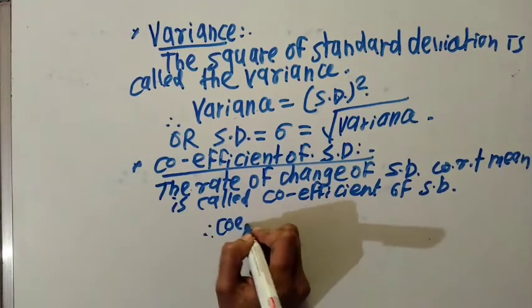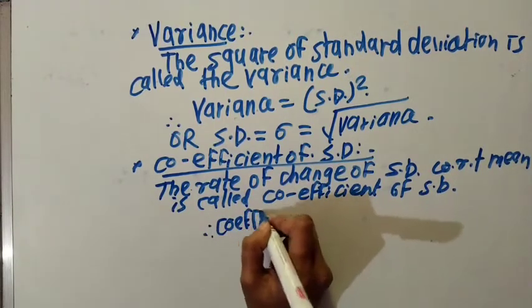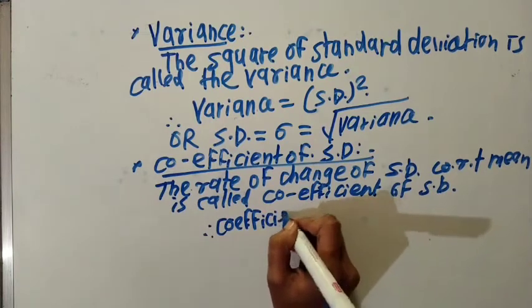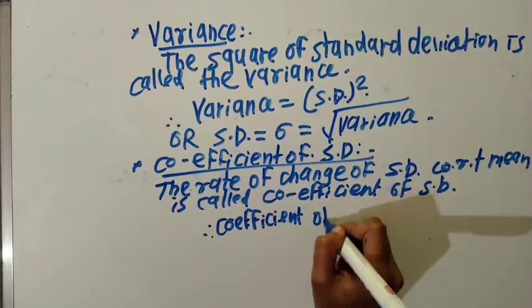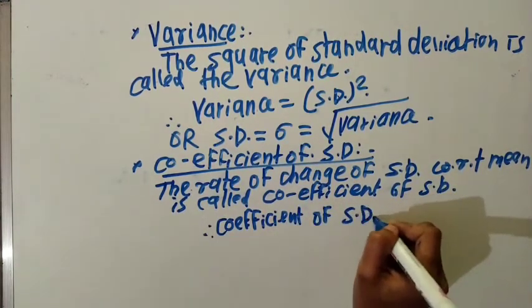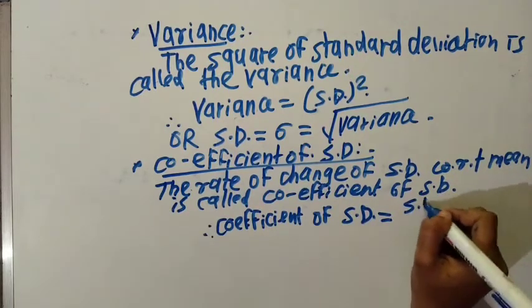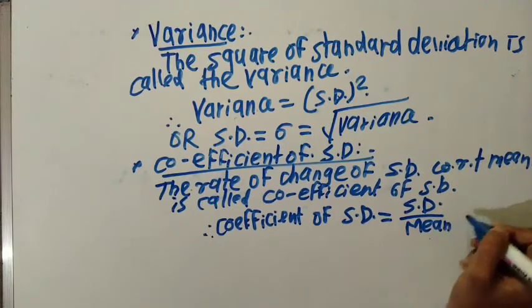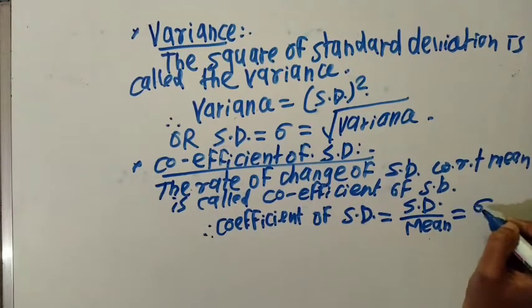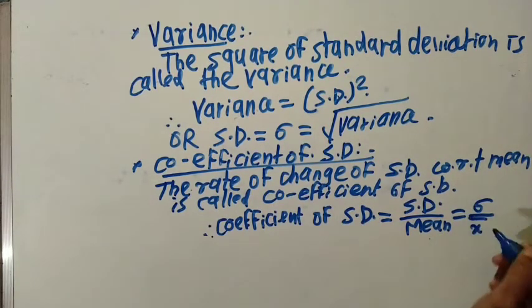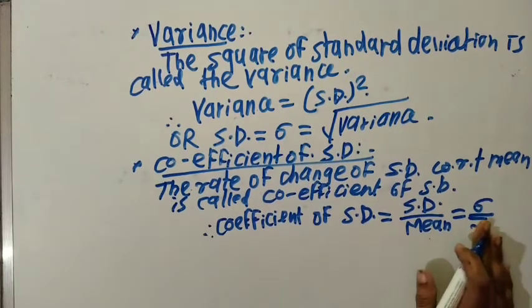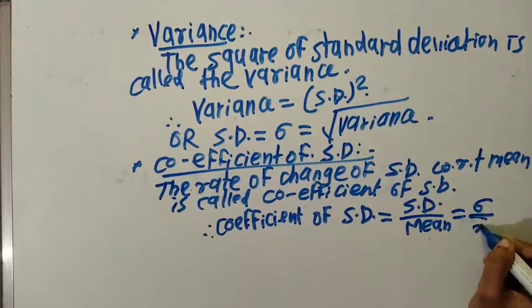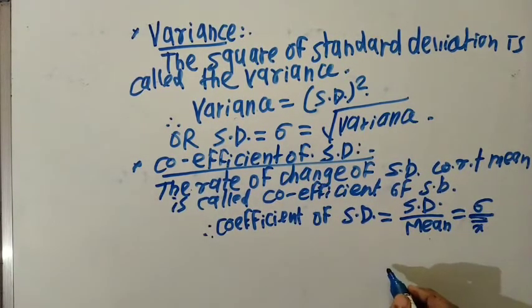Hence, coefficient of standard deviation is equal to standard deviation upon mean, which is equal to sigma upon x bar.